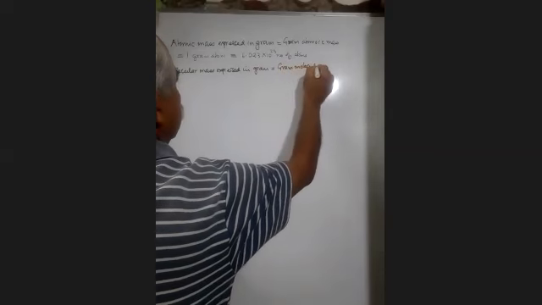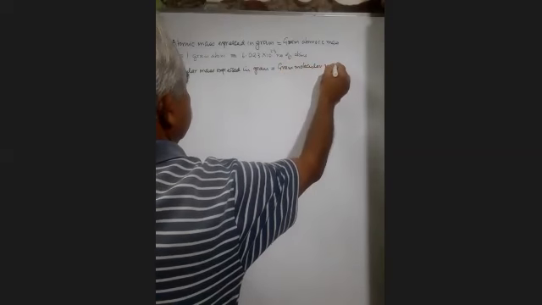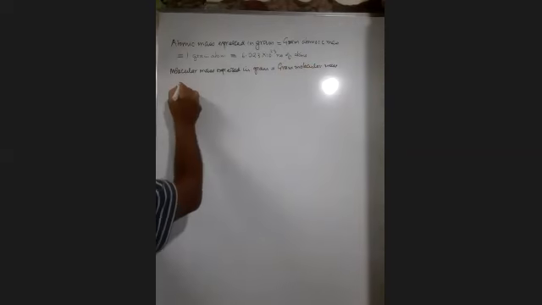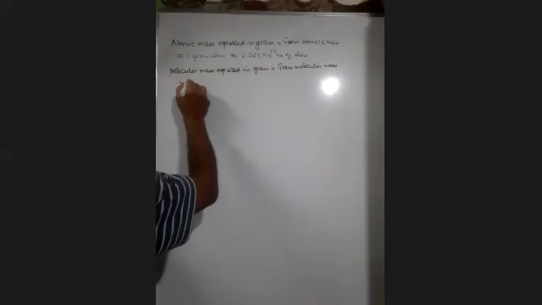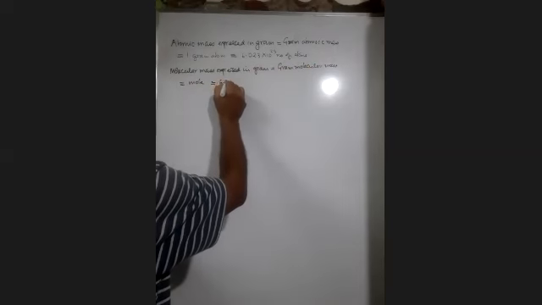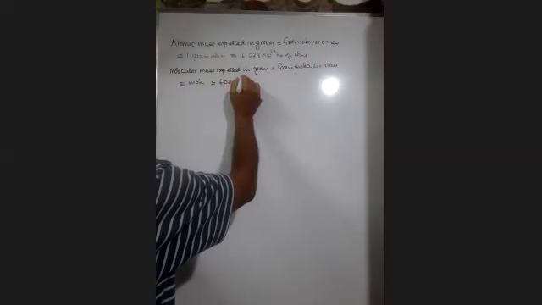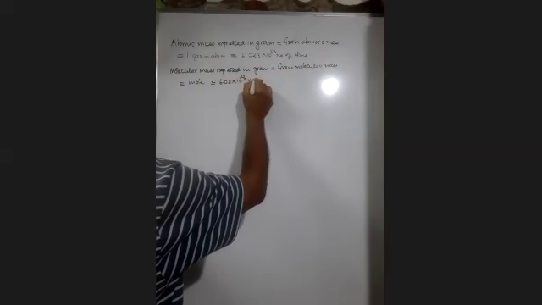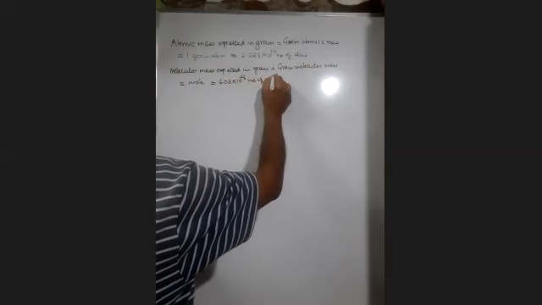Gram molecular mass equal to what? We call it mole. It will contain 6.023 into 10 to the power 23 number of molecules.